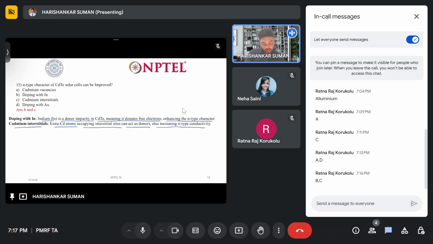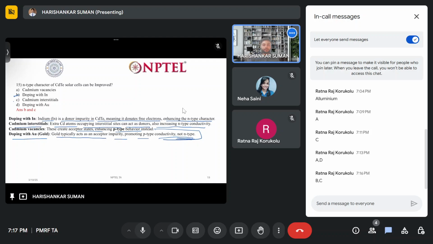Cadmium vacancy creates acceptors and enhances p-type. So this is used for p-type. Doping with gold: gold typically acts as an acceptor. The impurity improves the p-type conductivity, not n-type. Okay, so B and C is the right answer.